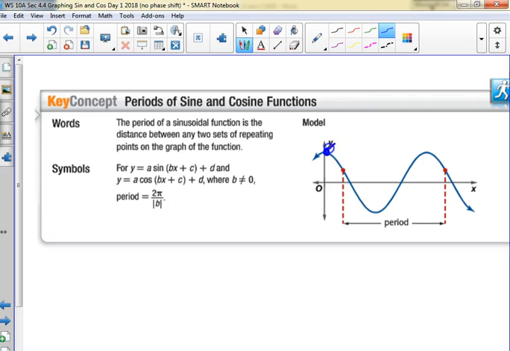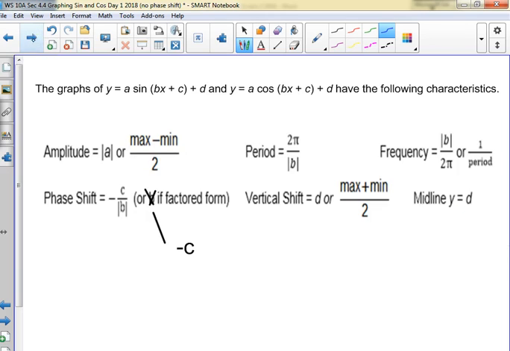So the distance between the max and the next max is a period. Does that make sense? The period for sine and cosine is going to be 2 pi over the absolute value of b. That b is going to affect the period. On your notes, it says that here. Okay.